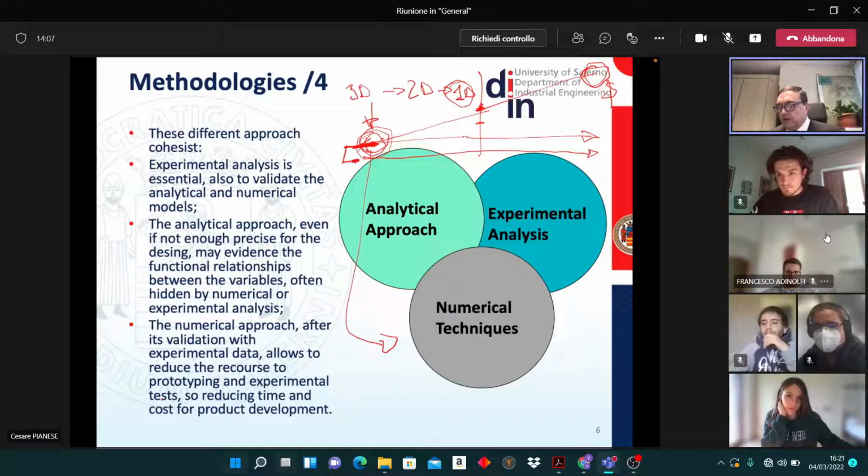So I was just explaining it. When you move on the right side and increase the experimental analysis, it means that you are increasing the cost of equipment, and you are reducing the cost of the persons required to develop this, because instead of a 3D model, you have the experimental data.